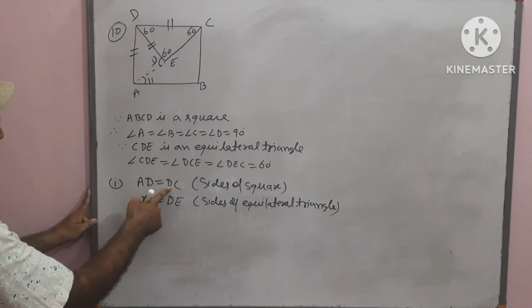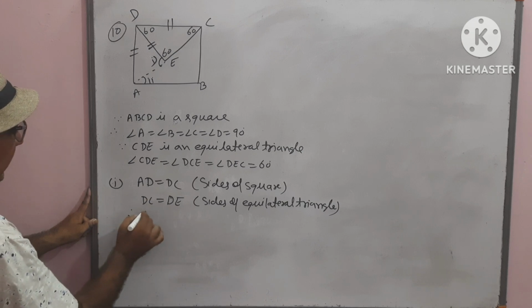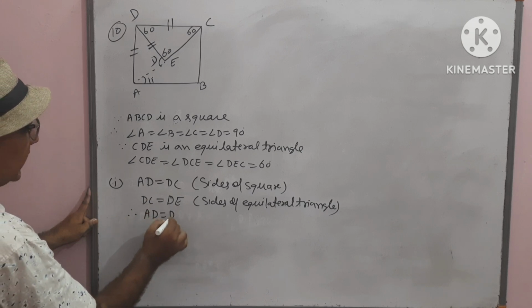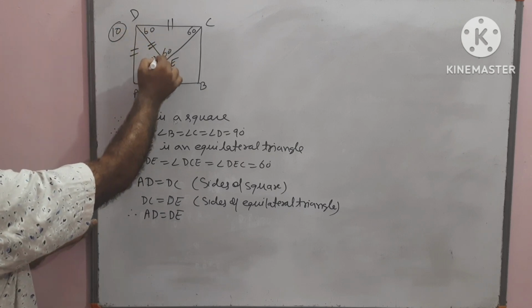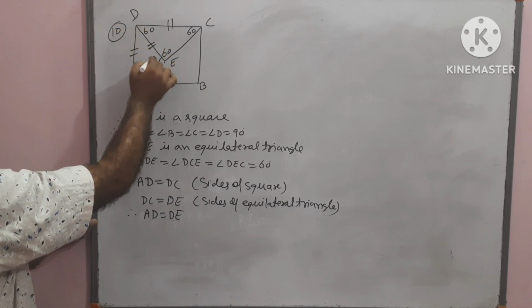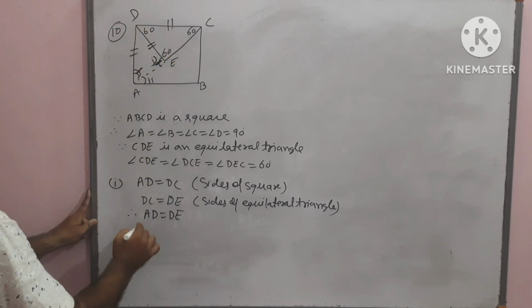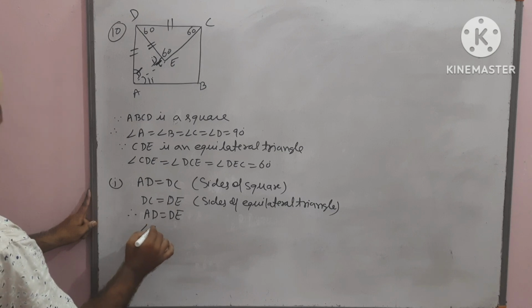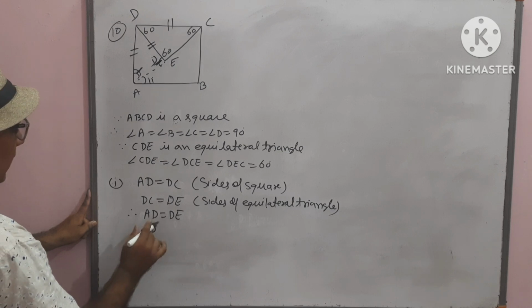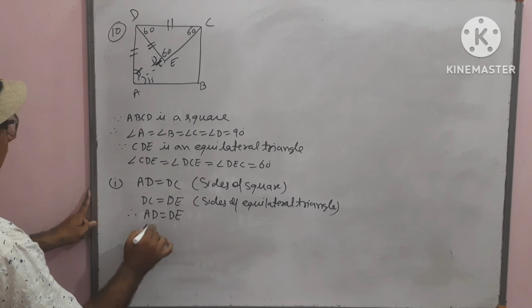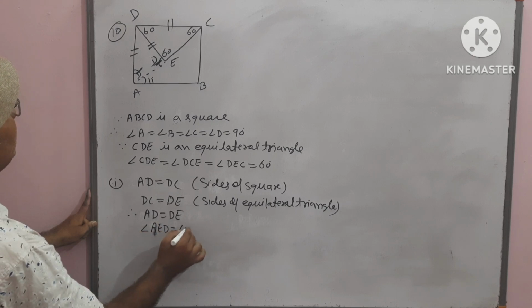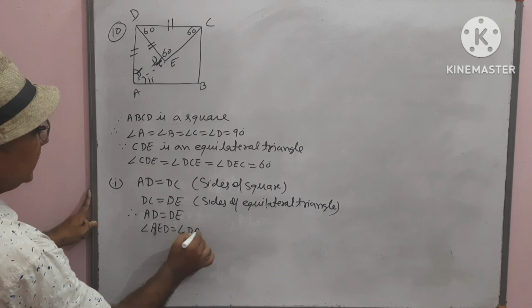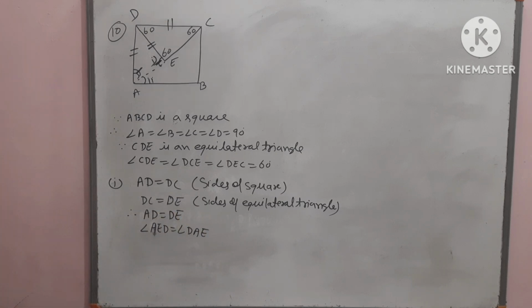AD is equal to DC, DC is equal to DE, that means AD is equal to DE. And if AD and DE are equal, definitely these two angles will also be equal. Angle AED will be equal to angle DAE. Is this clear or not?